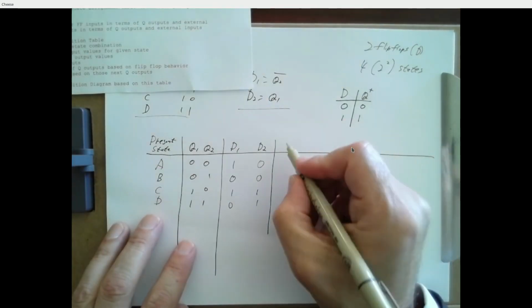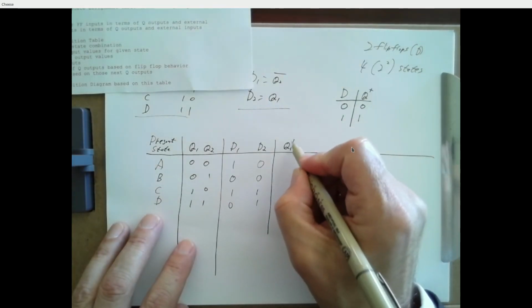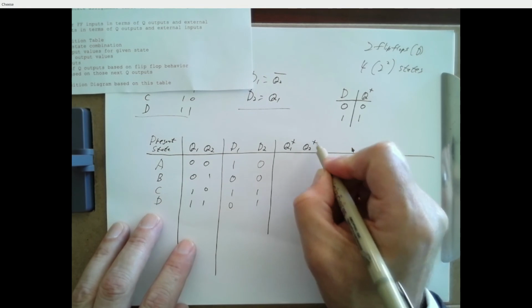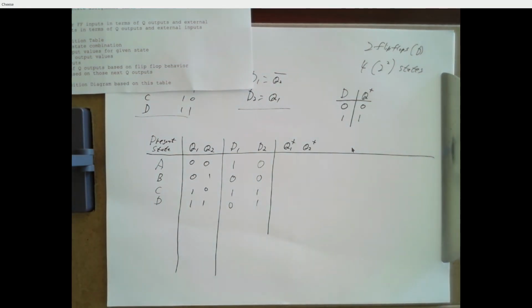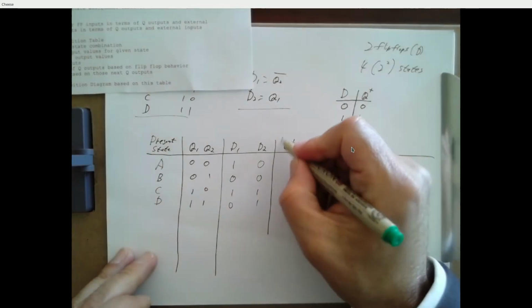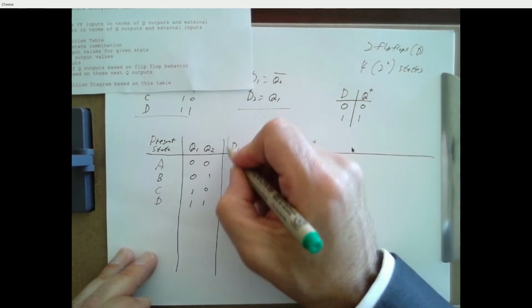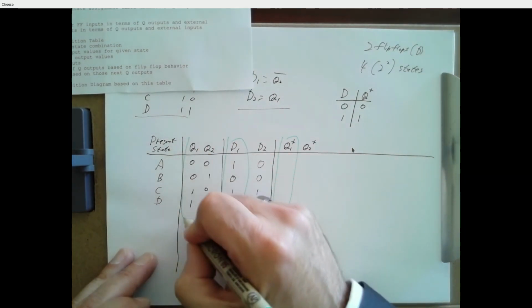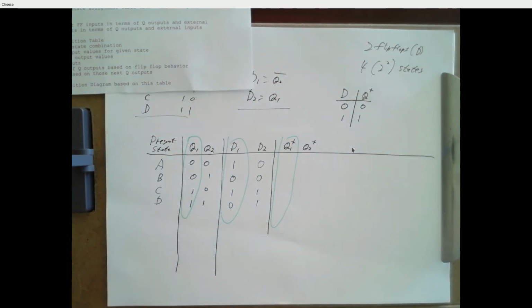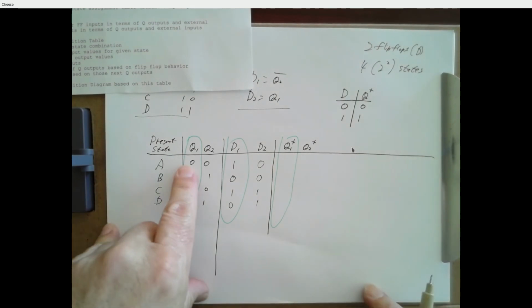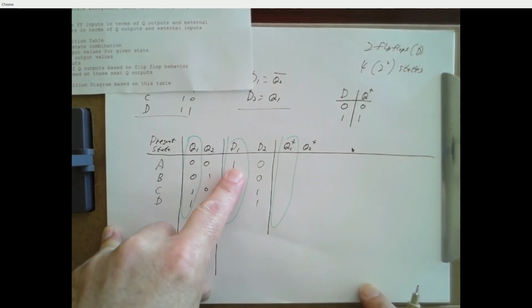Okay, so our goal here in step 5, list the next values of the Q outputs. So we're after Q1 plus and Q2 plus. And do these one at a time. Let's just look at flip-flop 1. So the current value of flip-flop 1 is a 0. The D input is a 1.